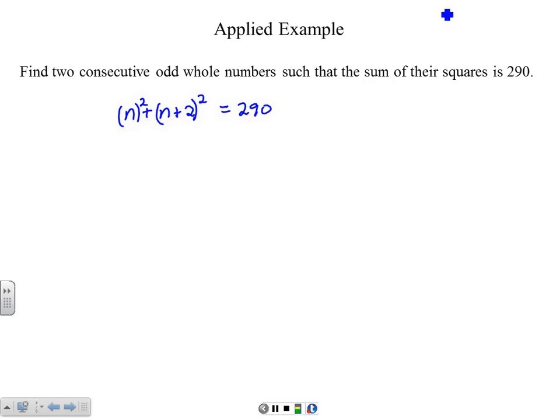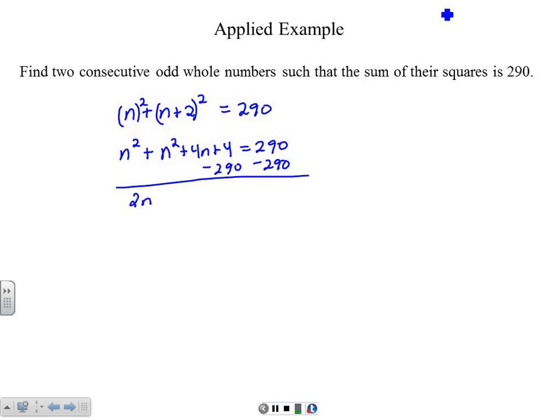We have n squared plus, this one's going to be n squared plus 4n plus 4. You're going to have to foil that out. Is equal to 290. And then we'll minus 290 from both sides. And so n squared plus n squared is going to be 2n squared plus 4n, and then 4 minus 290 is going to be negative 286 is equal to 0.